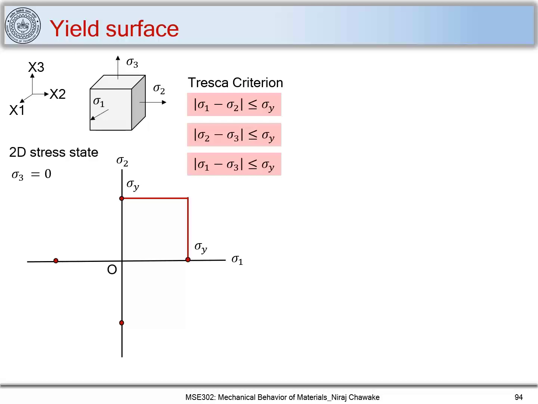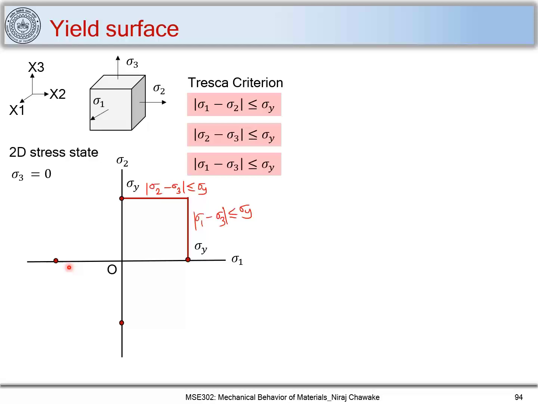Here you consider sigma 1 minus sigma 3 less than or equal to sigma y, whereas this will be sigma 2 minus sigma 3 less than or equal to sigma y. So these are the two conditions, and if the stresses are above these, you will have yielding of the material.